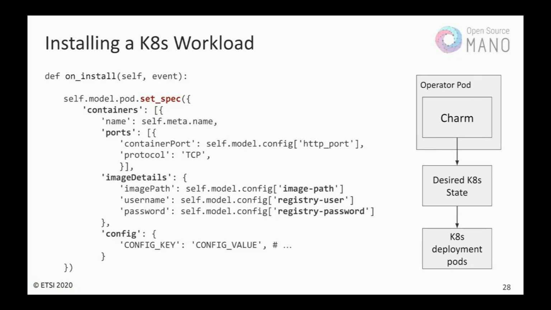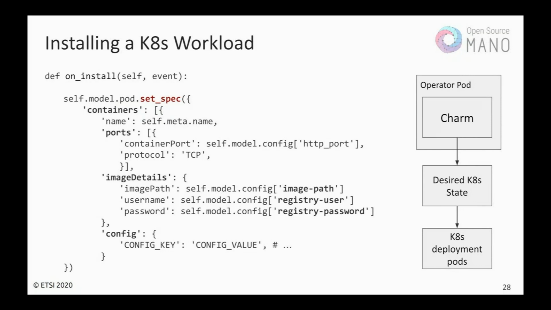The other approach is when you have charms driving the state in Kubernetes. The difference here is that you don't need to affect the target workload directly. You need to specify an image to be used for the workload and additional configuration for it.